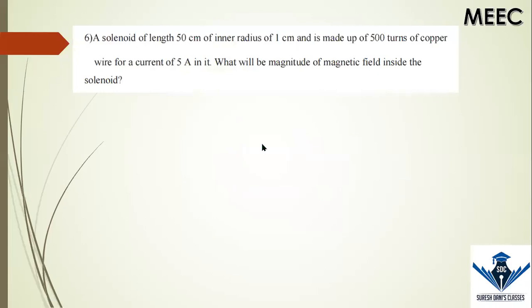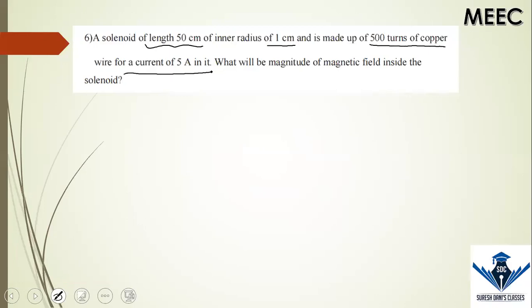is based on solenoid. Solenoid, as you know, the formula comes from Ampere's circuital law, right? If you look at this particular thing, the length is 50 centimeters, the inner radius is 1 centimeter, and it is made up of 5,000 turns of copper.